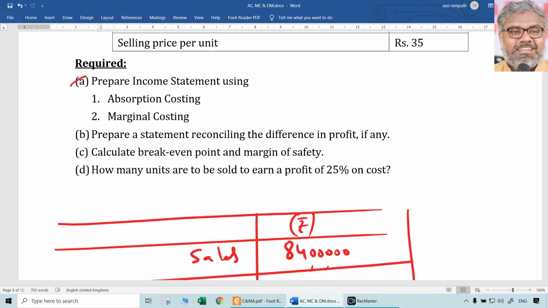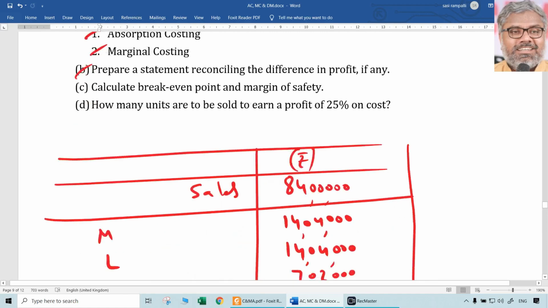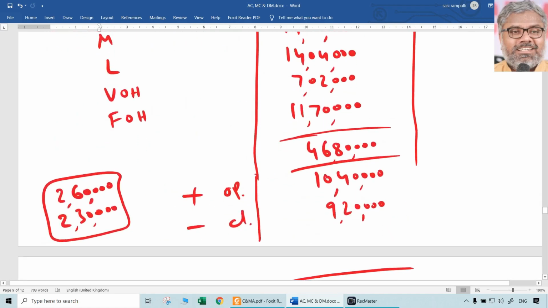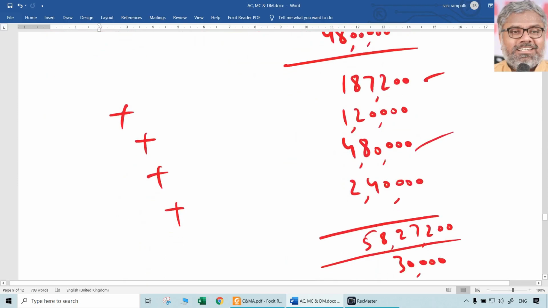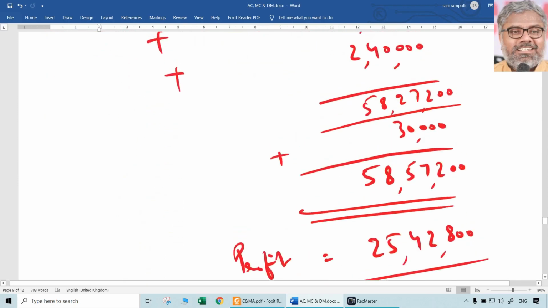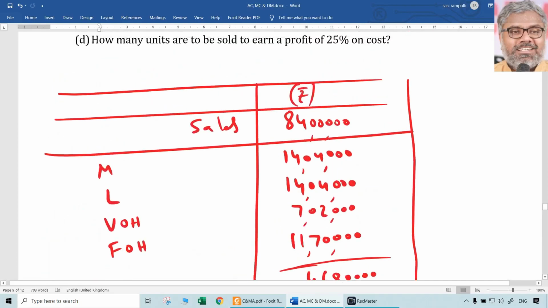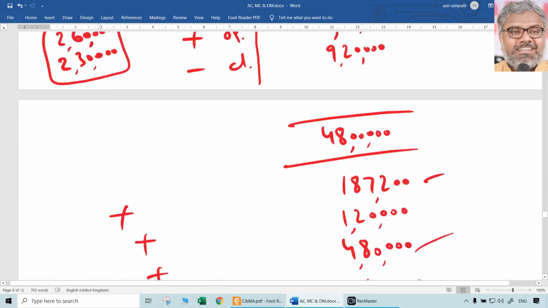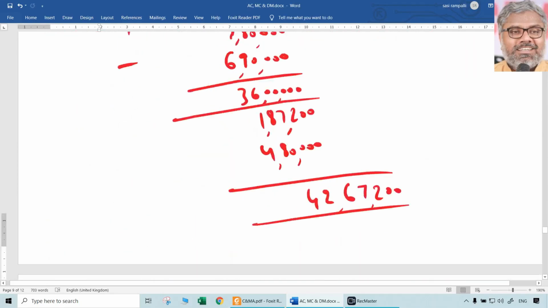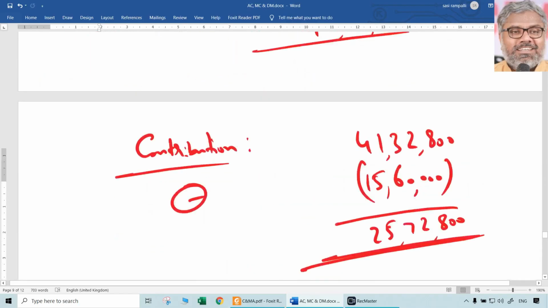So you can prepare a statement reconciling the difference in profit. Let us say absorption costing profit we will start with 25,42,800 plus 260 minus 230. That gives marginal costing profit. That will be naturally 25 lakhs 72,800.